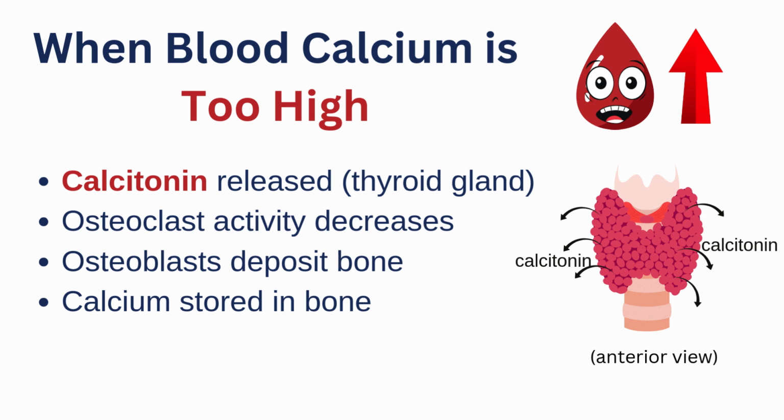At the same time, osteoblasts continue to use blood calcium during bone deposition. As more calcium is stored in the bone, blood calcium levels decrease and return to normal. This constant balance between osteoclasts and osteoblasts allows bones to stay strong while maintaining calcium homeostasis.